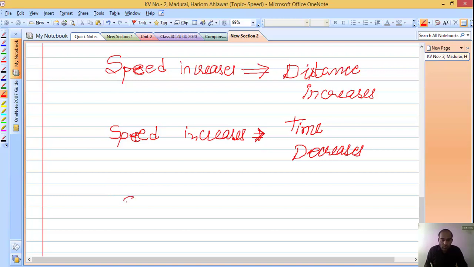So what should be the formula for speed? Speed equals distance upon time.